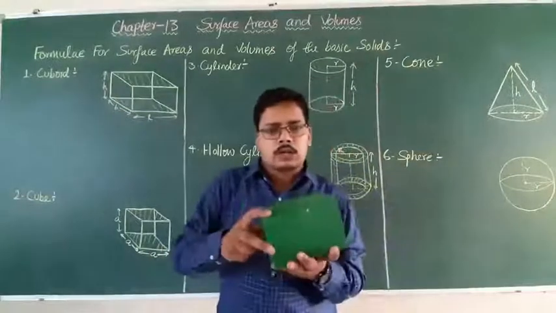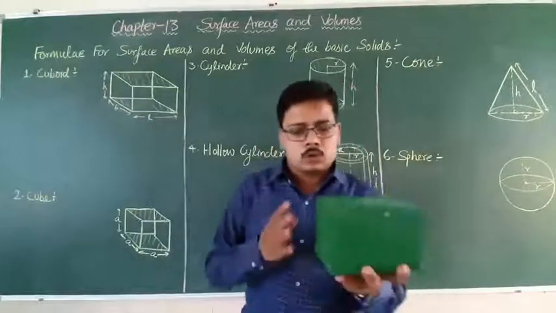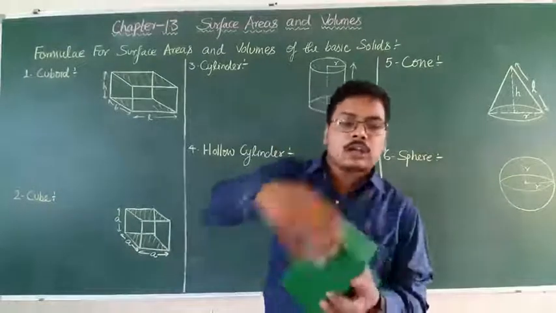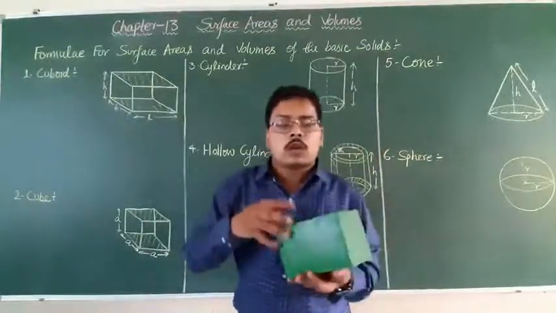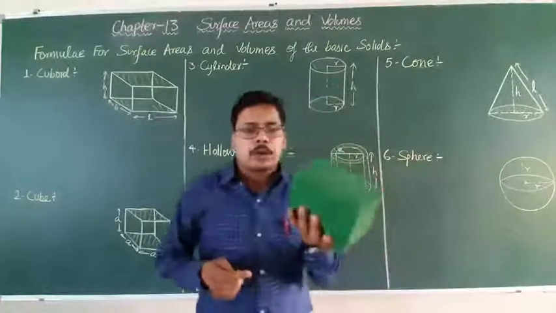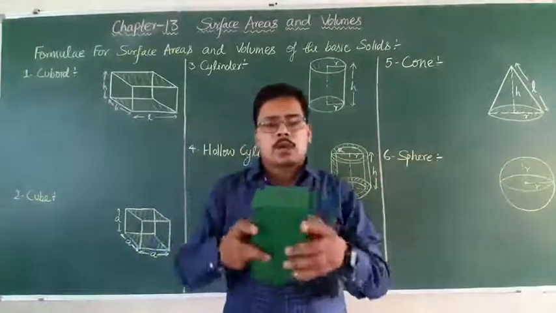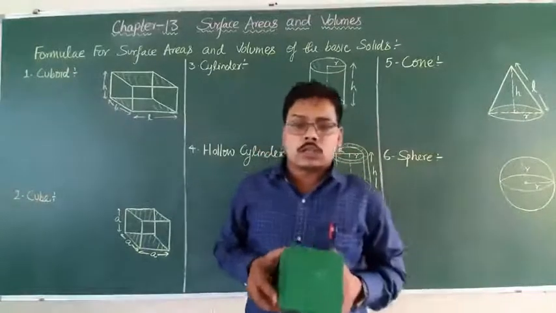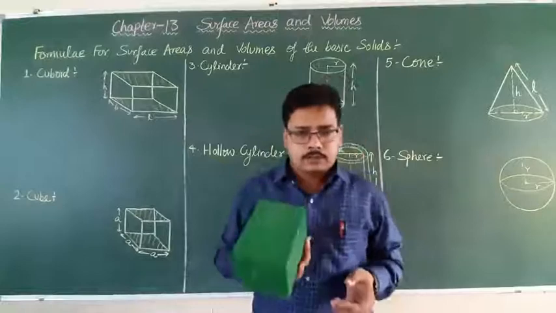Suppose this is the object, and for the surface area you can say this you can touch, or the area which you can paint. Suppose you have to paint this, then all the faces that you can paint, that area is called the total surface area of this solid.